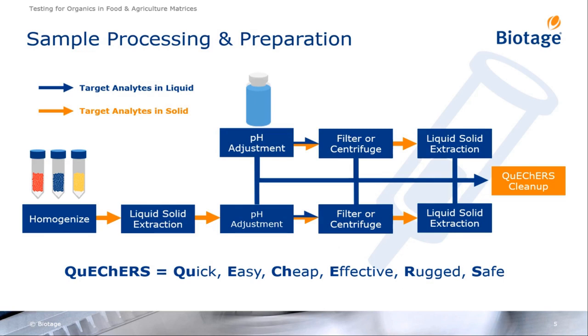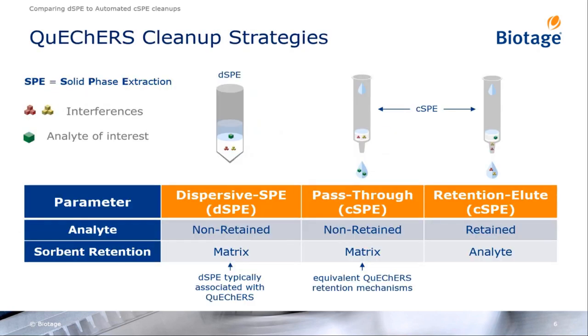Now, although they may be 2 different matrices, solids and liquids, the goal and the process all ends up in the same cleanup, which is a QueChERS-based cleanup. This is the main topic of this presentation today. Whether you started with a solid or liquid sample matrix, once you've extracted your analytes of interest into a liquid form, it is time to move on to the next stage, which is a QueChERS cleanup.